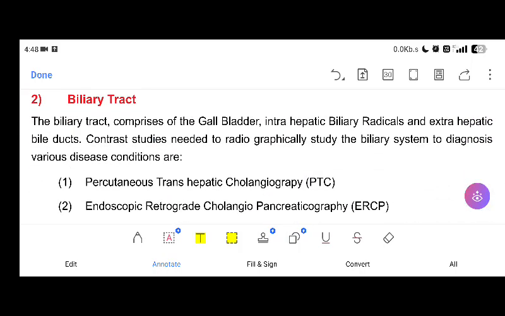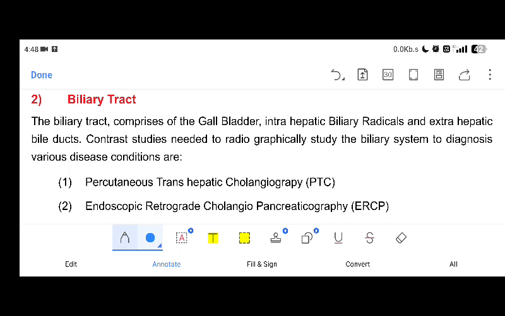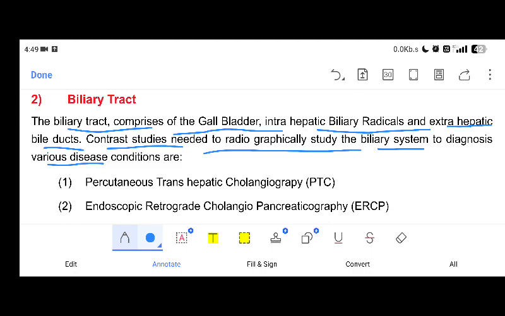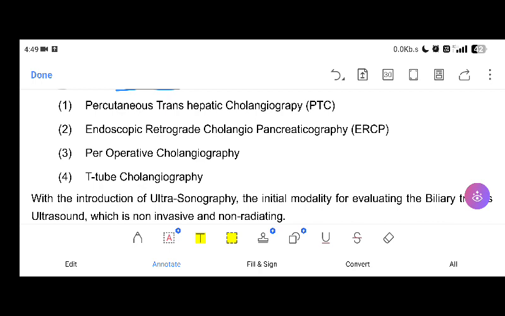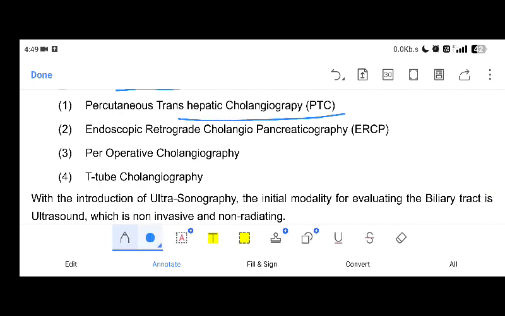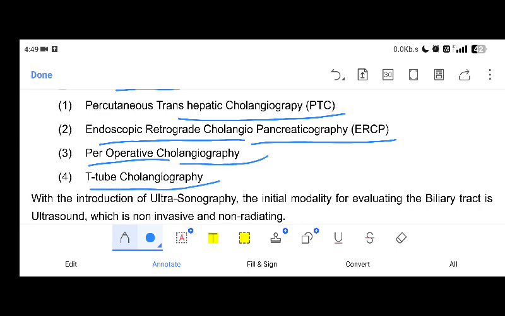And now the biliary tract. The biliary tract comprises the gallbladder, intrahepatic biliary radicals and extrahepatic bile duct. Contrast studies are needed to radiographically study the biliary system for the diagnosis of various disease conditions: percutaneous transhepatic cholangiography PTC, endoscopic retrograde cholangiopancreatography, preoperative cholangiography, and T-tube cholangiography.